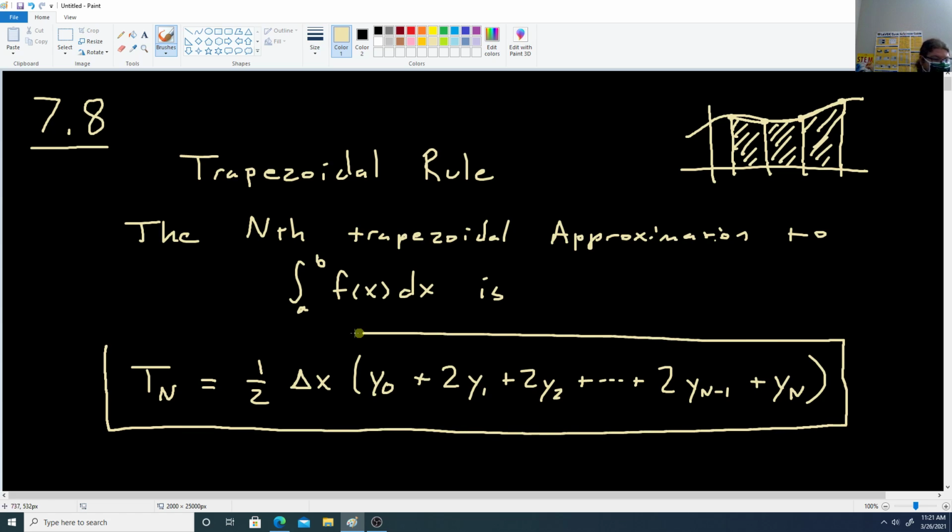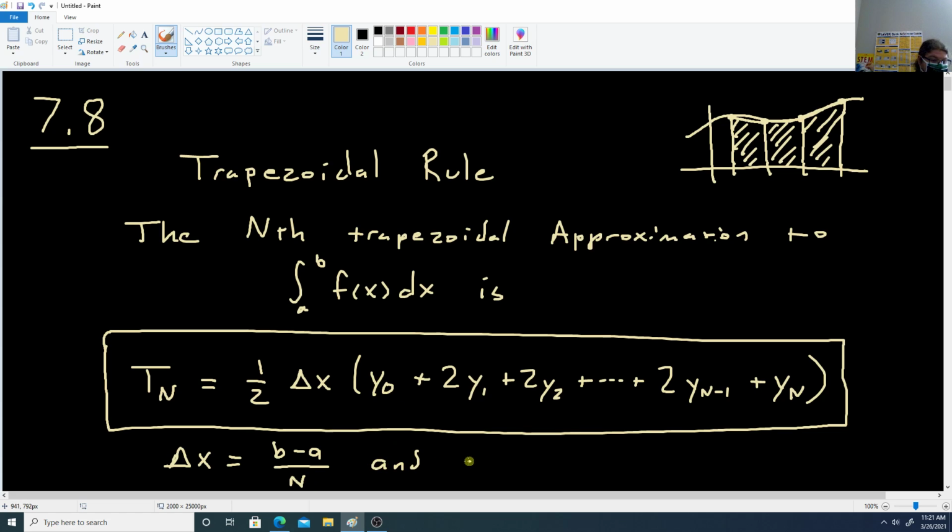And then in this approximation, we get a couple other things that we want to note. We get in this situation delta x. It's the interval length b minus a, and you divide it by the number of chunks that you want to break it up into. So it's interval length divided by how many pieces we break it up into.